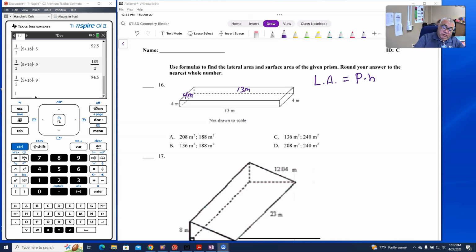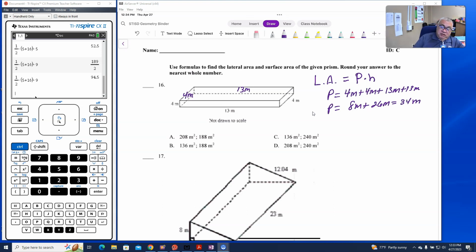So the perimeter is 4 meters plus 4 meters plus 13 meters plus 13 meters. So it's 8 meters plus 26 meters, which gives you 34 meters.